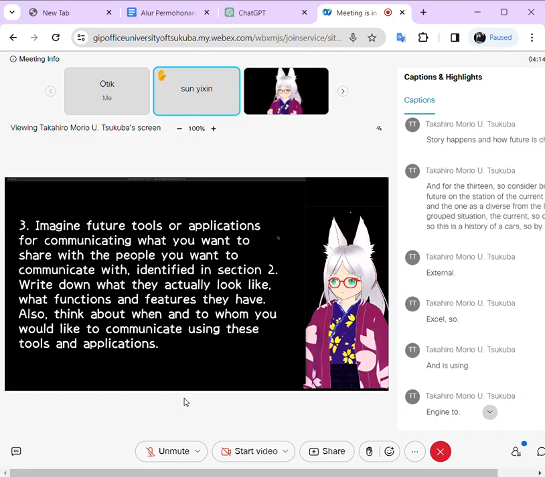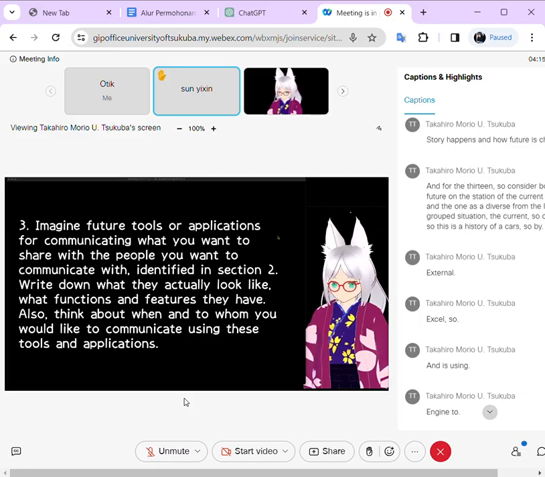I think we can use brain computer interface technology to communicate in the future, and we can transmit our thoughts and feelings just using our brain waves without having to type or speak as we do now.